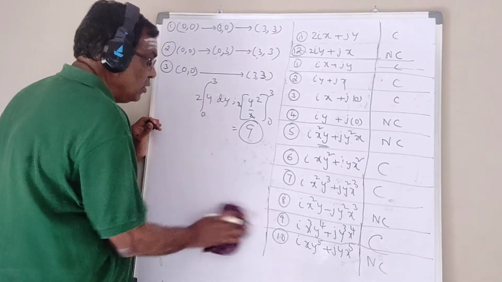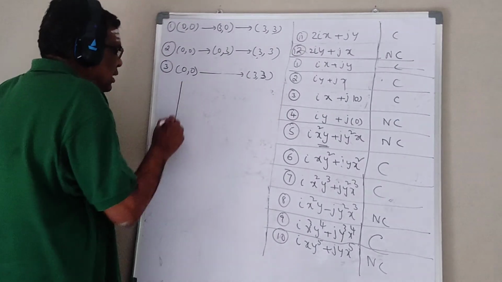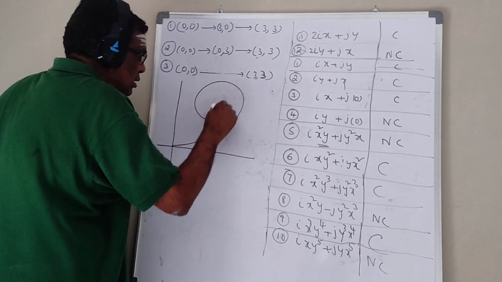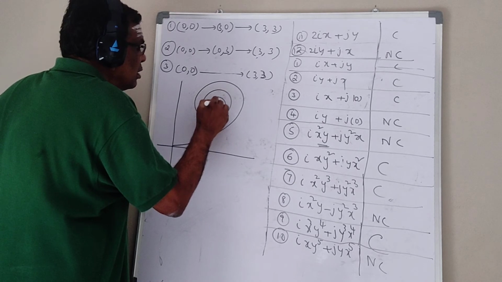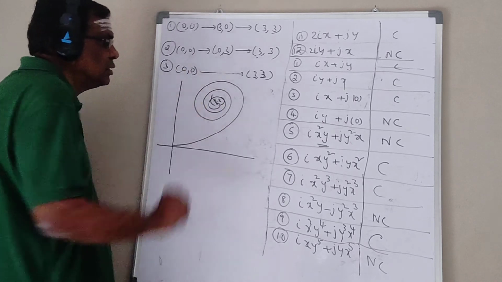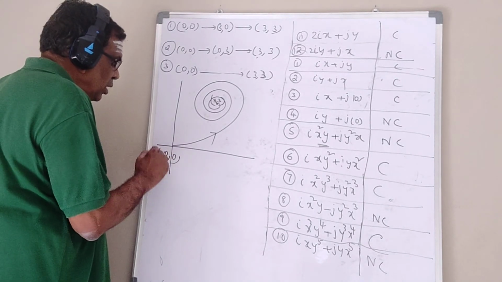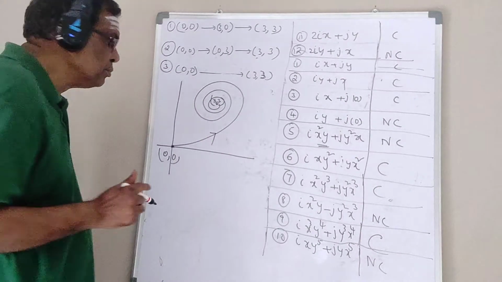Now I will tell you, sometimes they give a path like this. This is a spiral.